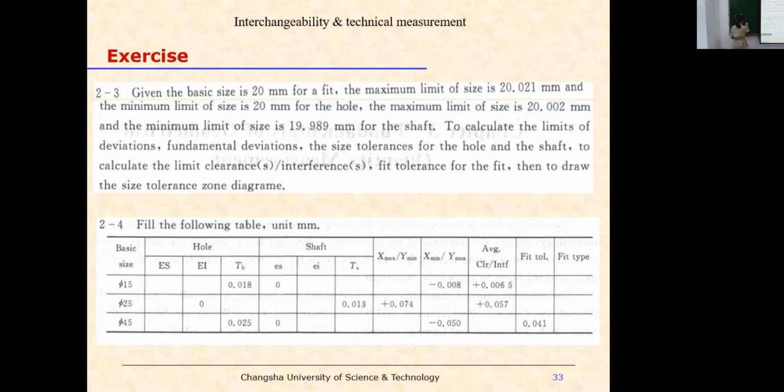It equals 0.018. So ES equals 0, right? So ES is here, 0. This is ES.